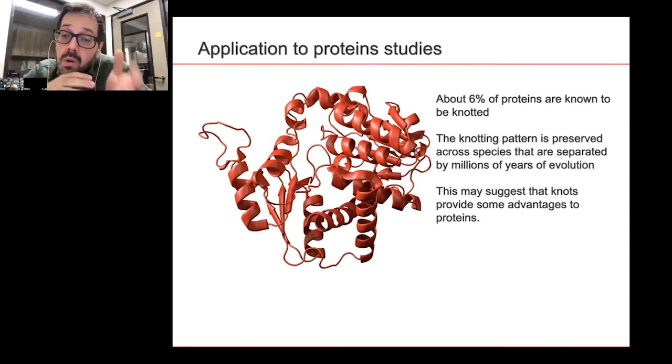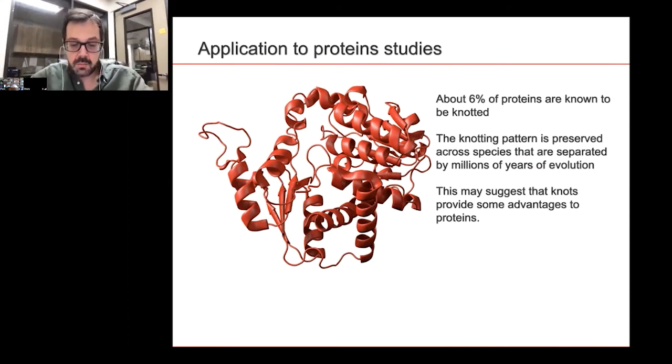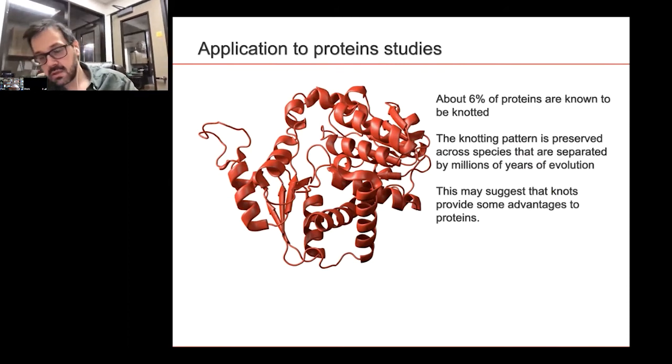But there could be some advantages to those proteins that have some knot. There have been some studies supporting that. There have been some studies against that, but I will talk about the studies that support this kind of hypothesis, let's say. So there are some advantages.